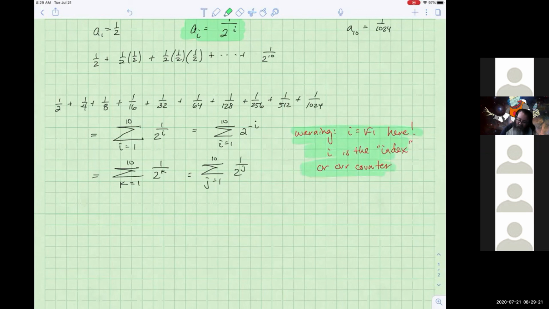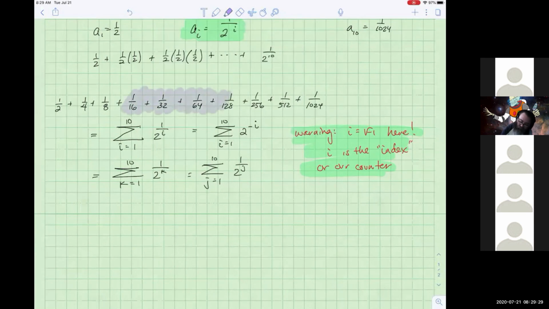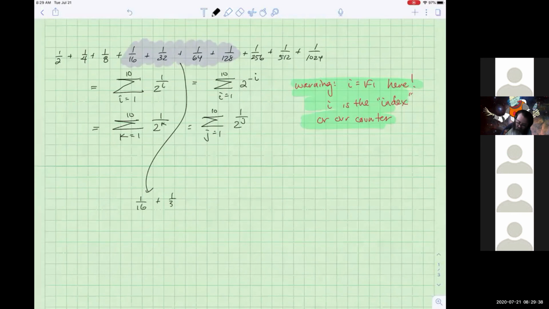And of course, we don't have to necessarily start at 1. If I just wanted to add up those 4 values, I could say 1 over 16 plus 1 over 32 plus 1 over 64 plus 1 over 128 is the sum of the same pattern, where k starts at, let's see, this is k equals 1, k equals 2, k equals 3, k equals 4, 5, 6, up to k equals 7.